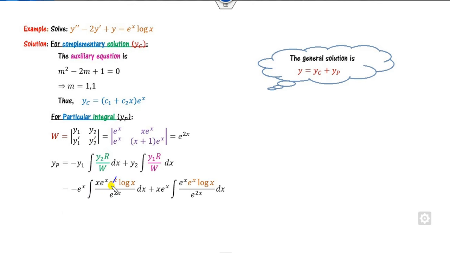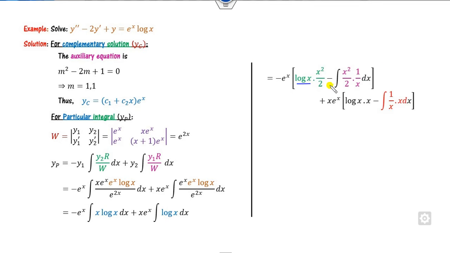Now how can you solve that? This e raised to power x cancels out. This e raised to power x cancels out. So it will be x log x, and here I can take this as the first function, and this is my second function. This is the first function, into 1 as the second function. So I can integrate by parts, because all of you know how to integrate by parts: first function, integration of second, minus derivative of first function, integration of second.